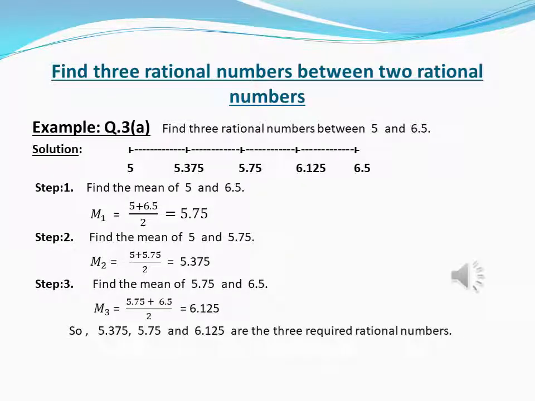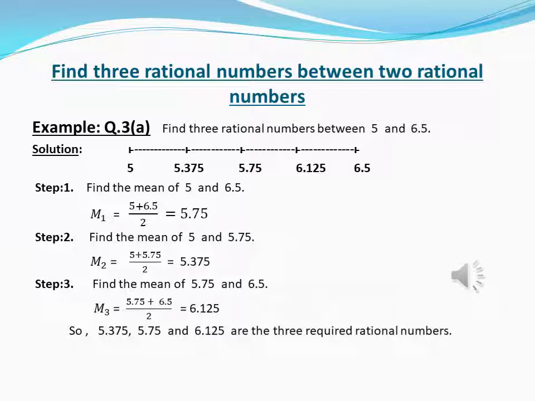If we are given two rational numbers and we have to find three rational numbers between these two rational numbers, how can we find these numbers? I hope you will understand the method in the following example.